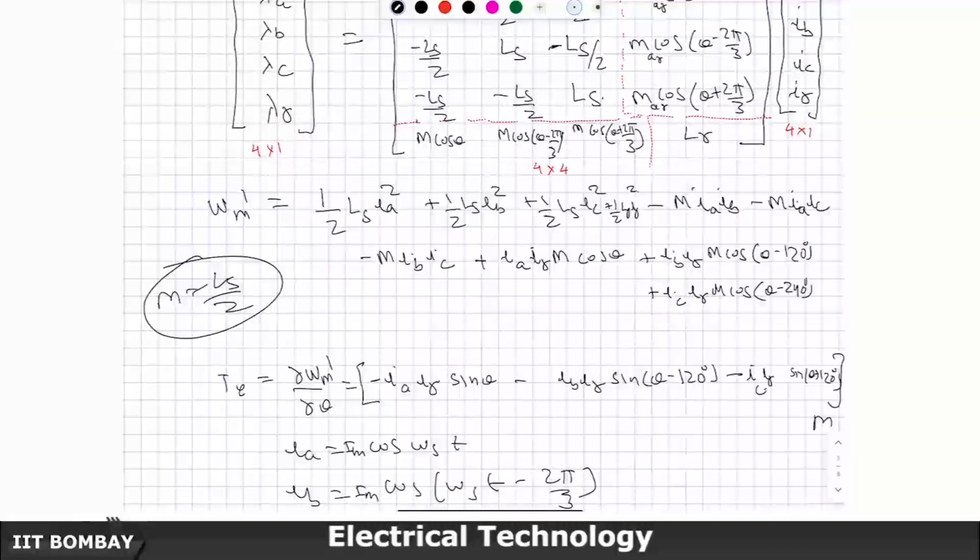The contributions that I will get are from MAR, the A phase to rotor peak mutual inductance. All the others are here also; the peak will be MAR.